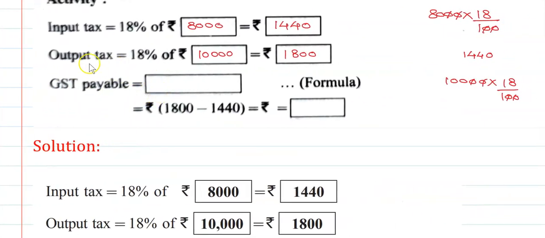Output tax minus input tax. 1,800 minus 1,440, and therefore here you will get 360.